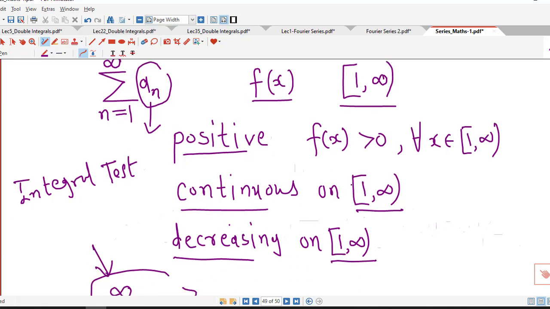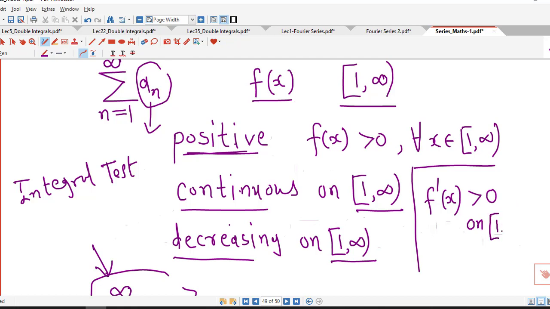To apply the integral test, first we have to check whether this function is positive, continuous and decreasing. For a decreasing function, we can use the derivative. We know that if the first derivative of a function is positive on the interval [1, infinity), then it is increasing, and if the first derivative is negative on the interval 1 to infinity, then the function is decreasing.